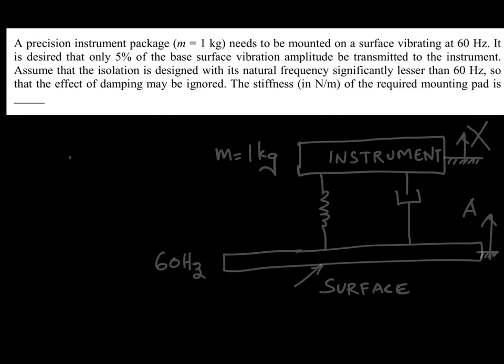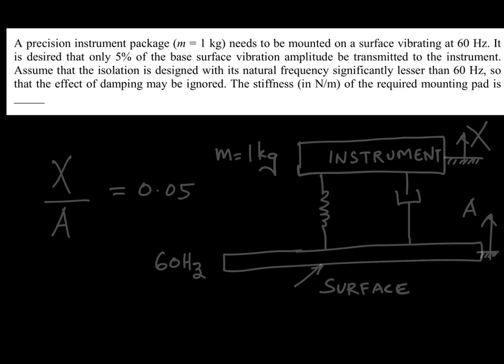Now the question says that X divided by capital A should be 0.05, or in other words, 5%. Or in other words, if my surface or the base is having an amplitude of 100 mm, then my instrument should only see 5 mm.